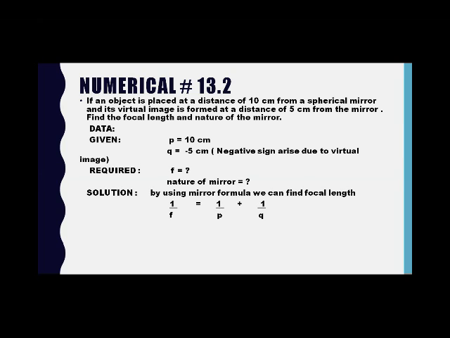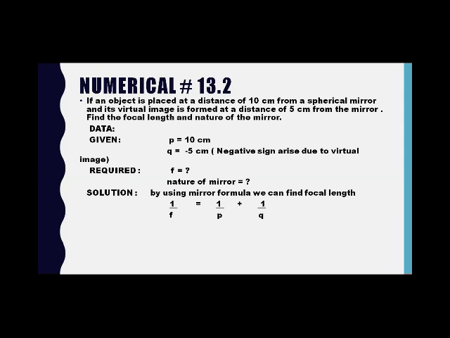Here we will also use the mirror formula, and you know very well about the mirror formula: 1 over f is equal to 1 over p plus 1 over q.